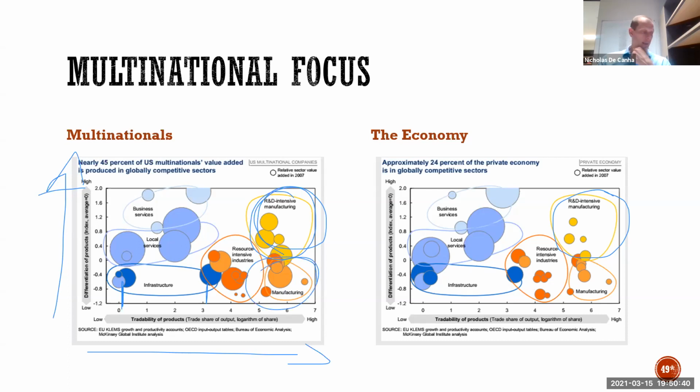And the second one, and I can't remember, I think it may have been Gio mentioned that manufacturing is heavily tradable, and it is. And as you can see, multinationals are probably overrepresented. And the third area being resources, where it's a big chunk, but it's not such a big chunk. We can kind of imagine reasons why that is, but I'd like to point out that these do tend to sit on the higher part of the tradability spectrum, right?